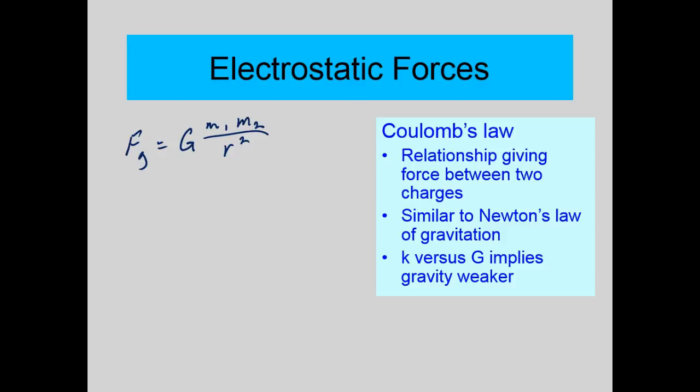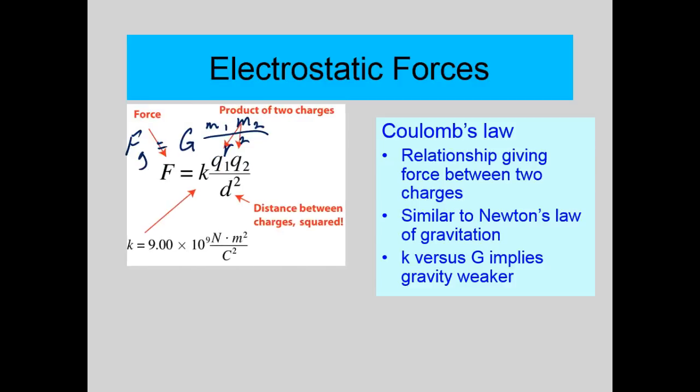Okay? Now, what then gives you Coulomb's law is fairly similar to that. And let's see if they're going to list it here. Yeah, I'm going to leave it up here because I managed not to get it in the way.